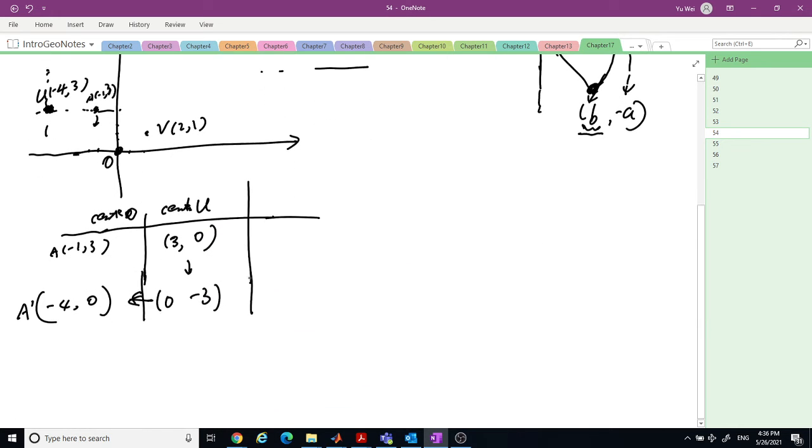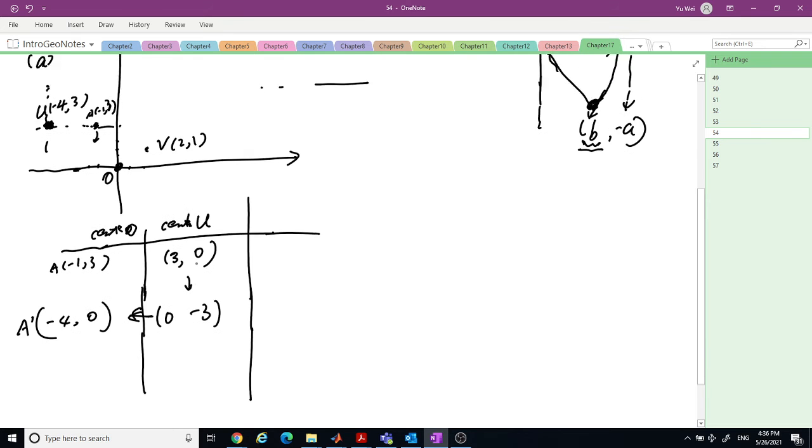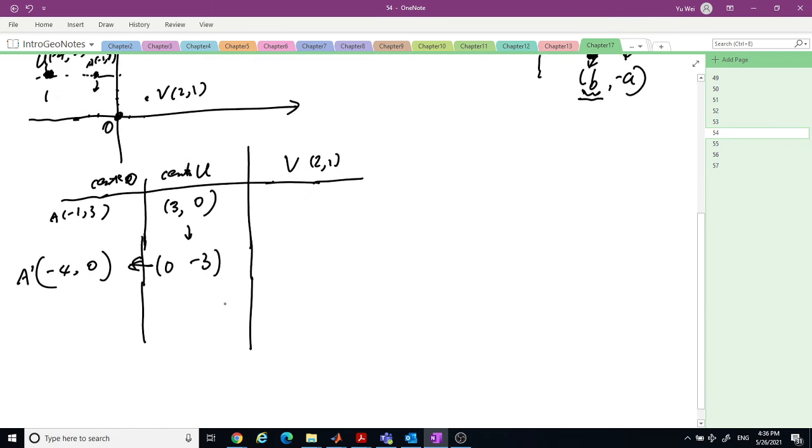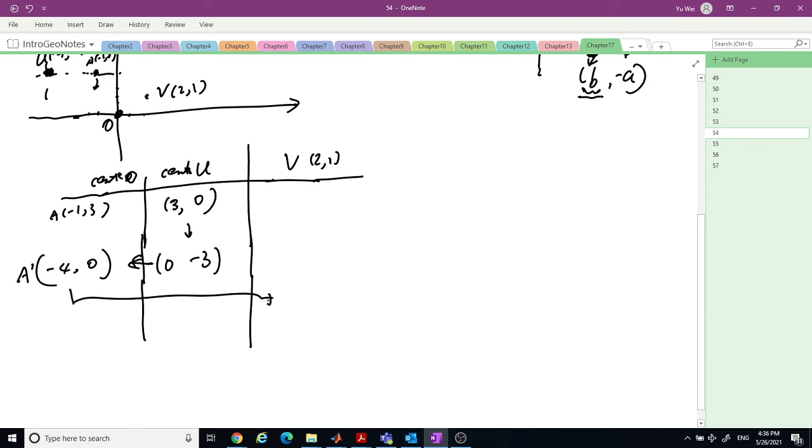Okay, so the A prime is now rotating clockwise around the V, right? So we need to use the center of the V. Let's convert to the center of the V. So 2, we need to subtract 2, then it becomes negative 6, and subtract 1, it becomes negative 1.